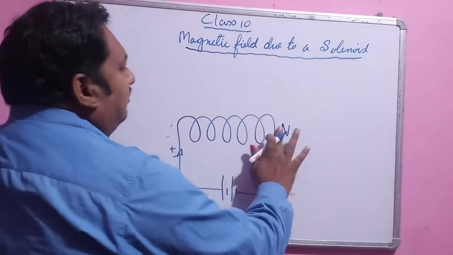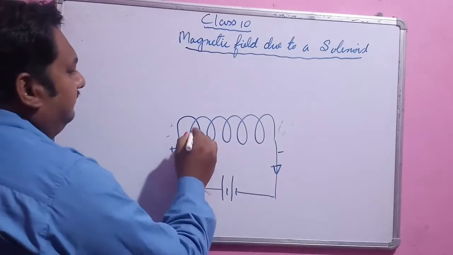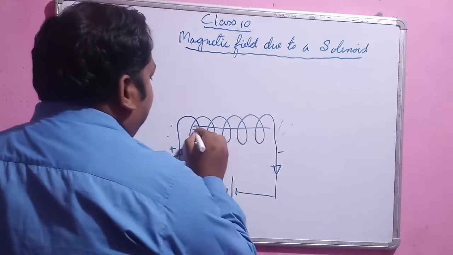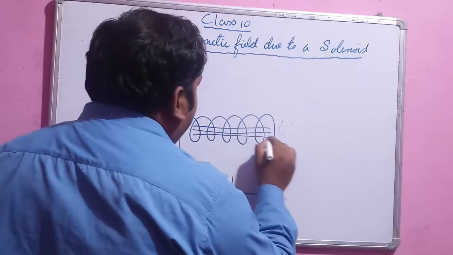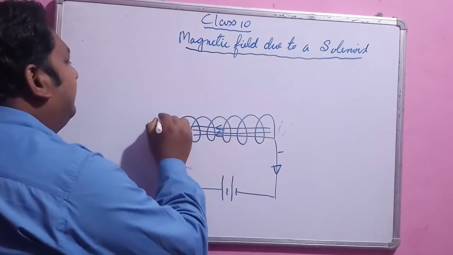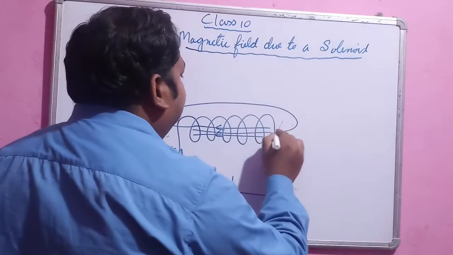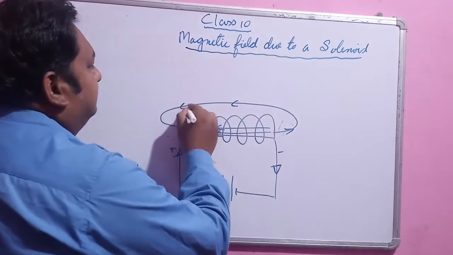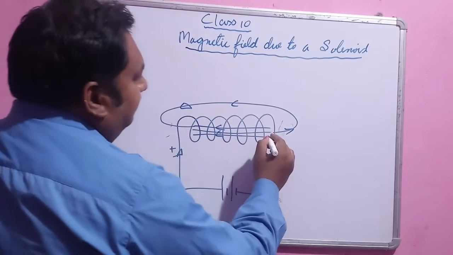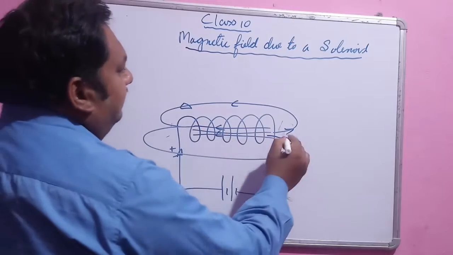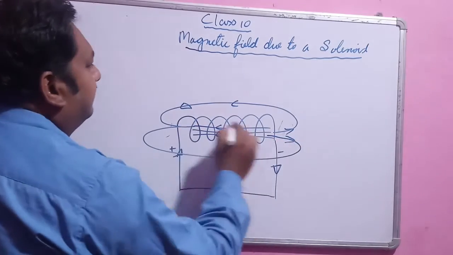So what is the pattern of this magnetic field? Inside the solenoid the field lines are straight and uniform, and outside the solenoid it behaves just like a bar magnet.